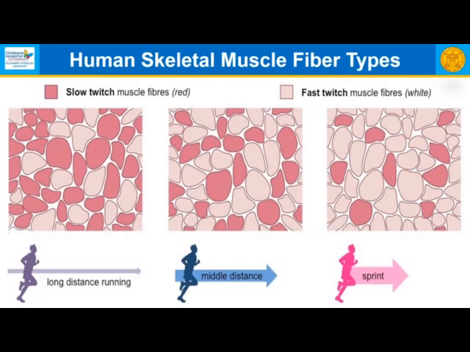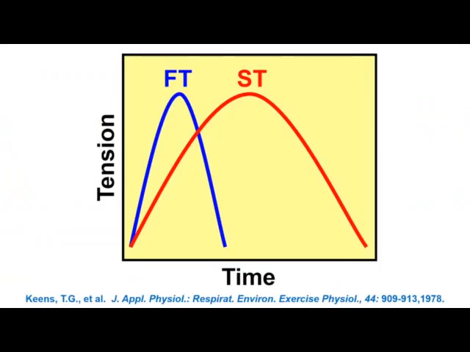Fast twitch fibers, which use ATP slowly or inefficiently and have decreased oxidative enzyme capacity, are shown here. So these are fast fatigue. As mentioned, the same amount of ATP is used for each of these twitches, but for a slow activity like breathing, you would like to have more area under the curve, more tension time area to sustain breathing than these fast twitch fibers, which might be effective in eye blinking, for example.